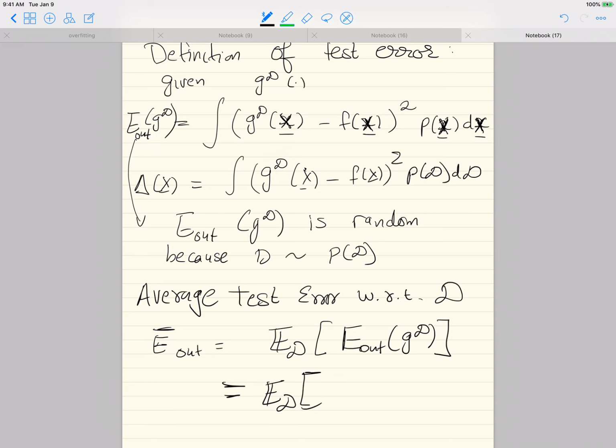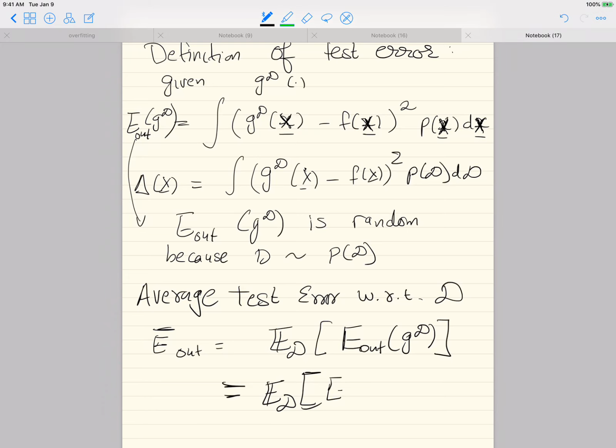So it's ED of the expected value over X of GD of X minus F of X, squared. Let me write it on the board. This is E bar of out.